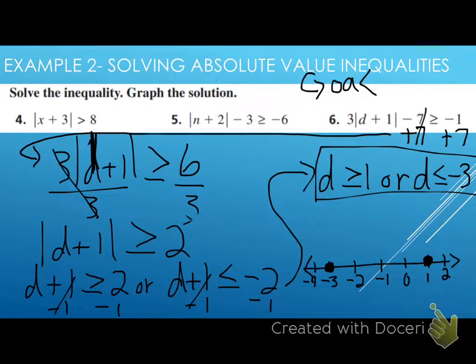Okay, D is greater than or equal to 1. Is that to the left or right of 1? Right. Or D is less than or equal to negative 3. Is that left or right of negative 3? Left. There's my graph. I'm done with the problem.